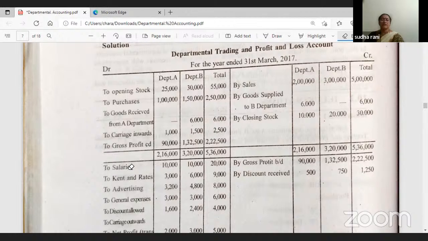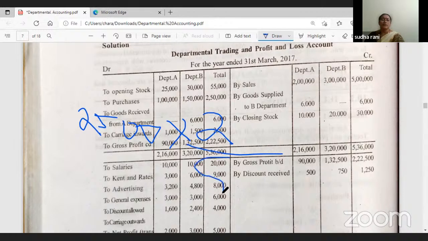I think you all understand, but still I would like to show. So how you got this? 2,500 into 2 by 5.